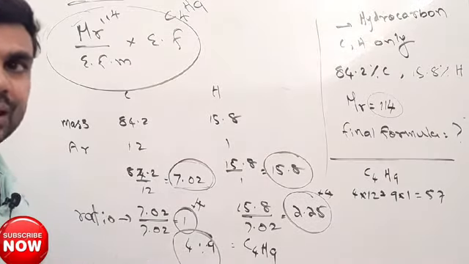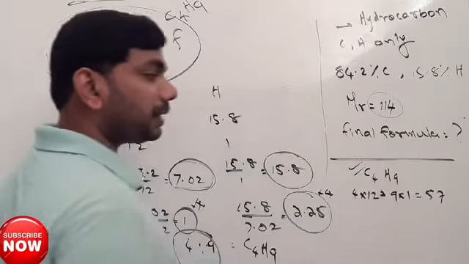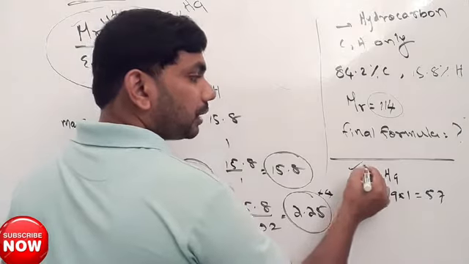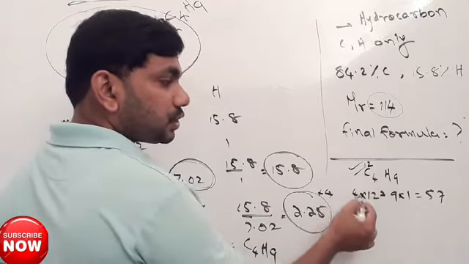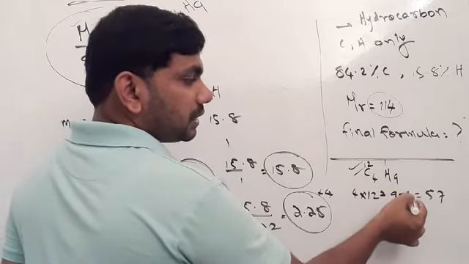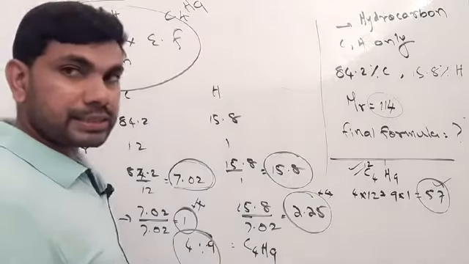What do you mean by empirical formula mass? Here 4 carbon, relative atomic mass of carbon 12, so 4 times 12 plus hydrogen 1 times 9. So the answer is 57.